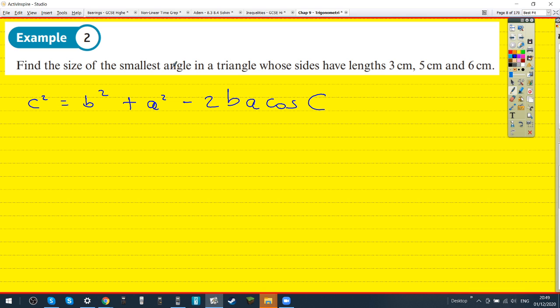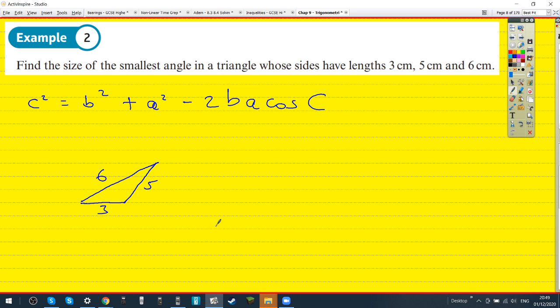I don't know. We need to sketch this thing, I bet. 3, 5, 6. So we have 3. 5 will be like that. And then 6 is like that.